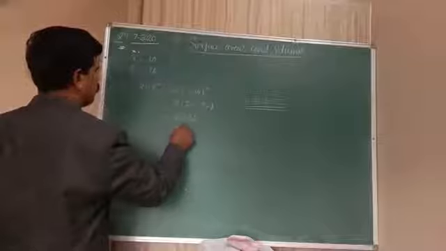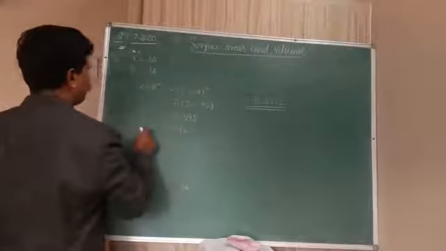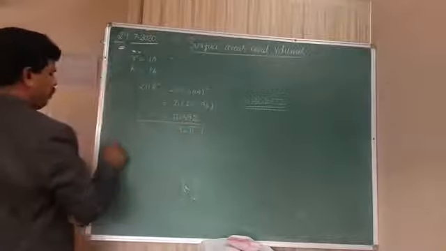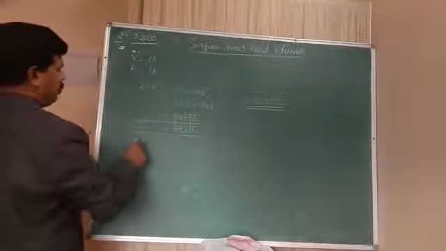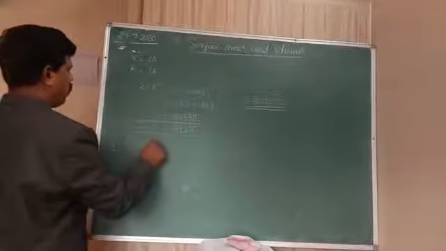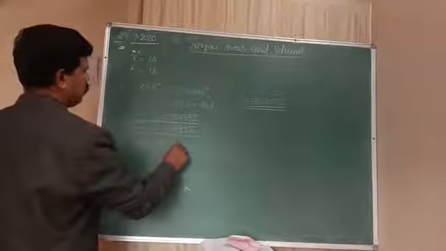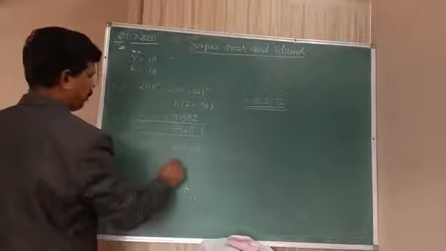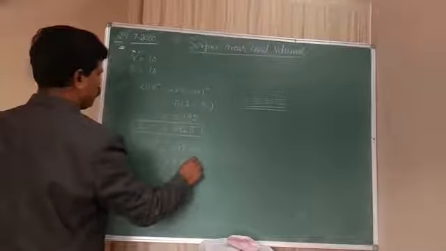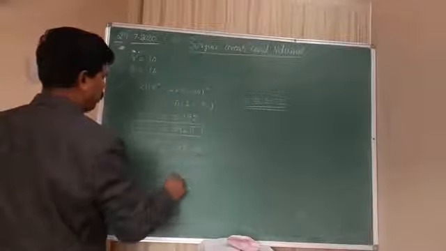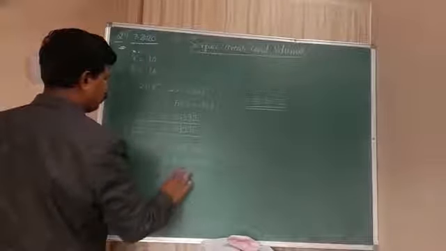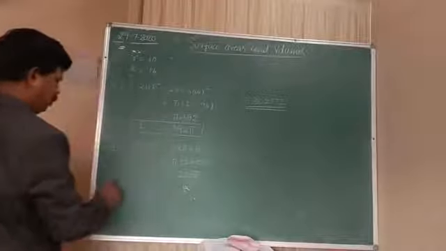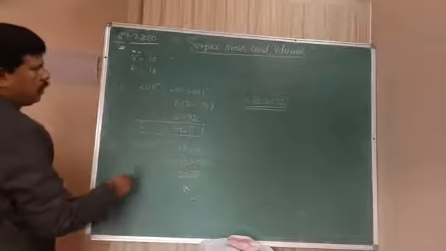Okay, this is 392 pi. This is the area of the outer hemisphere. The second one, 2 pi r square, that is 2 into pi into 10 square, that is pi into 2 into 100, that is equal to 200 pi.